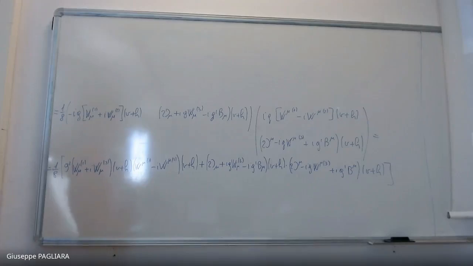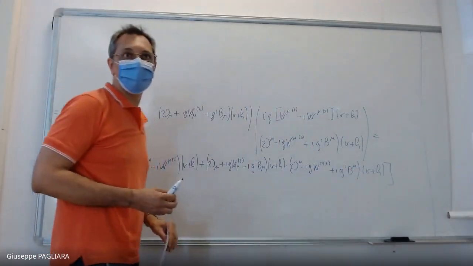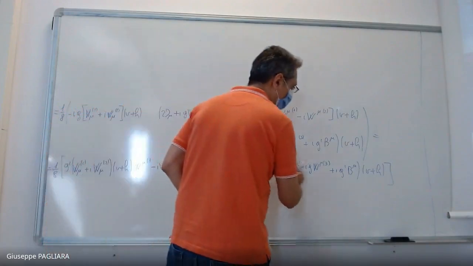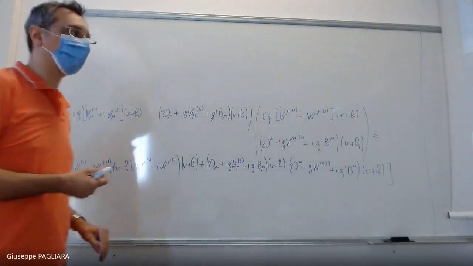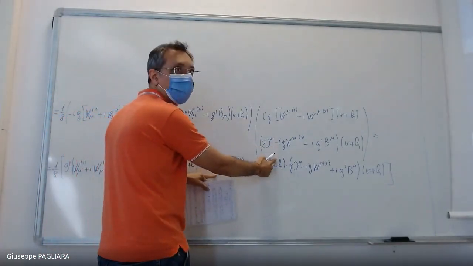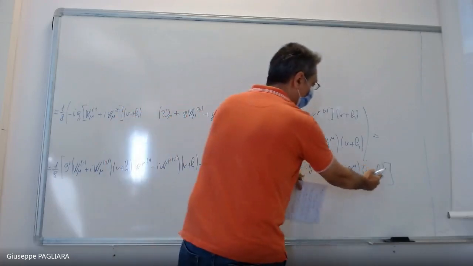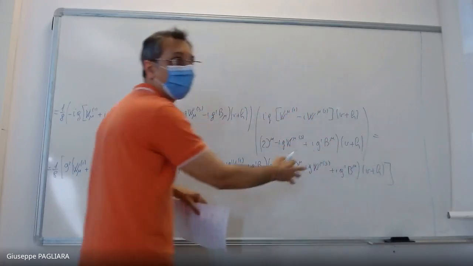Now we have to deal with this ugly beast. Let me remind you that v is just a number, whereas H is a field, which is a function of space-time. So the derivative only acts on H. The derivative of v is zero, here and also there. So let's start from these two terms at the beginning.